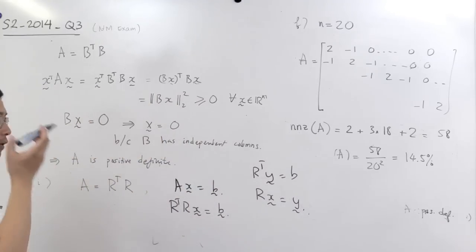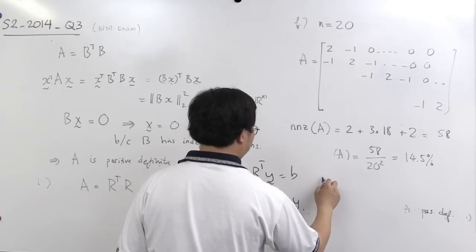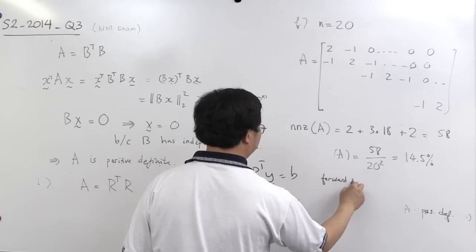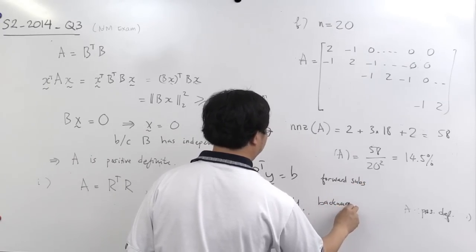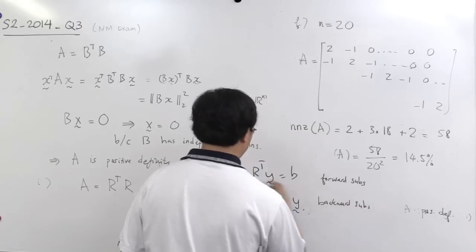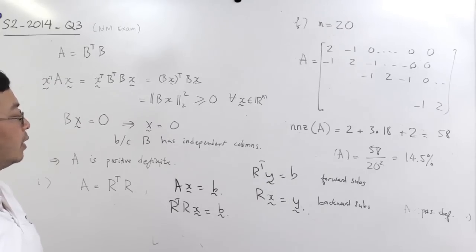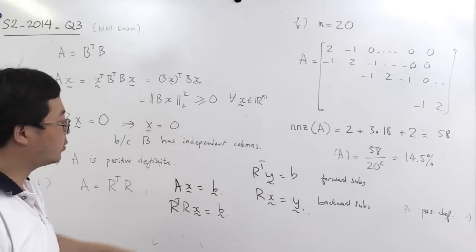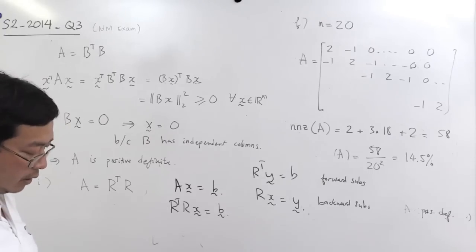You can solve the first by forward substitution and the second by backward substitution. So it will take about O(n squared) floating point operations for forward substitution and backward substitution, if you try to solve by Cholesky factorization.